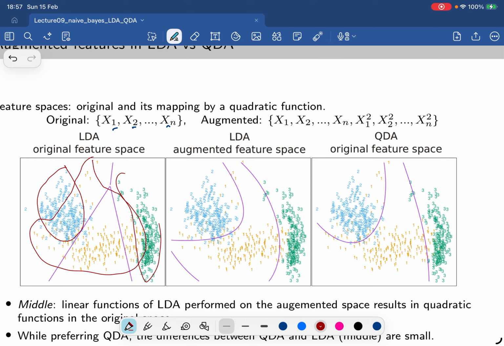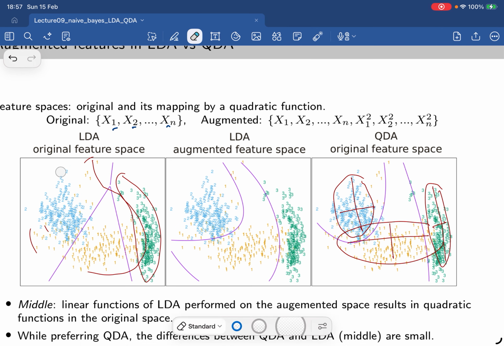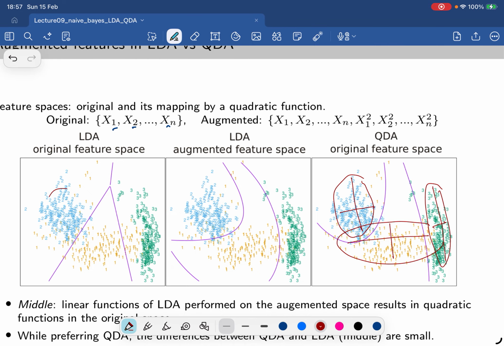In this case QDA will work well because it allows the sigma c of each class to be different. Meanwhile, LDA assumes they share the same sigma, the same covariance.